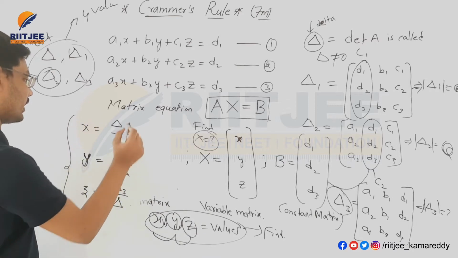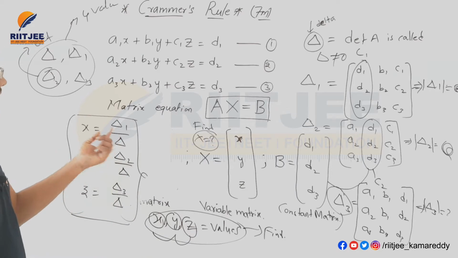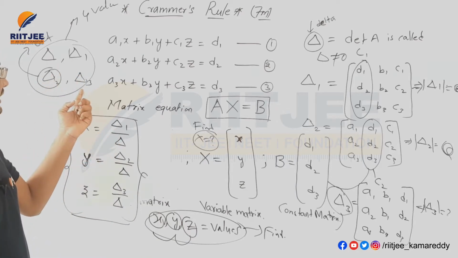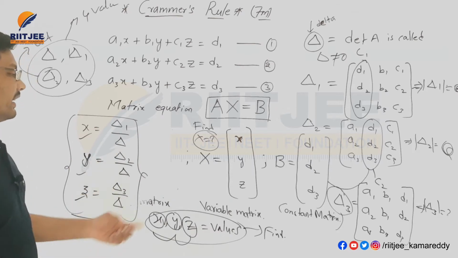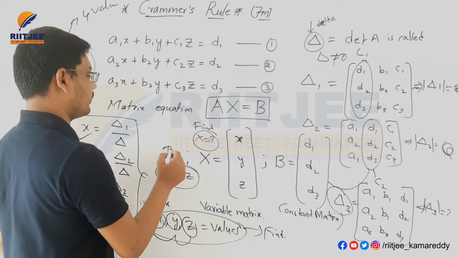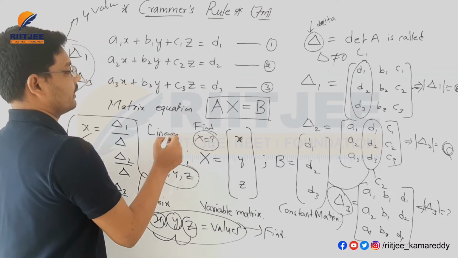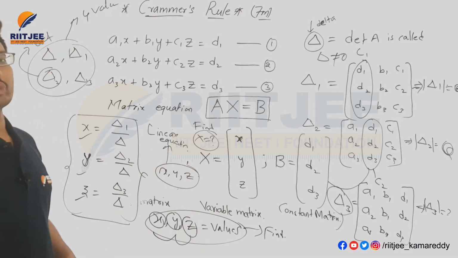This is all about Cramer's rule. After getting the values of delta 1, delta 2, delta 3, by substituting these values we will get the values of x, y, z, the variables of the linear equations.